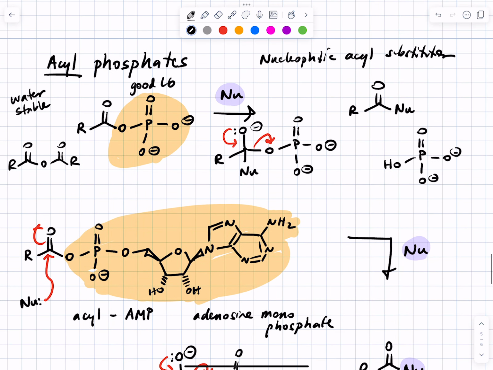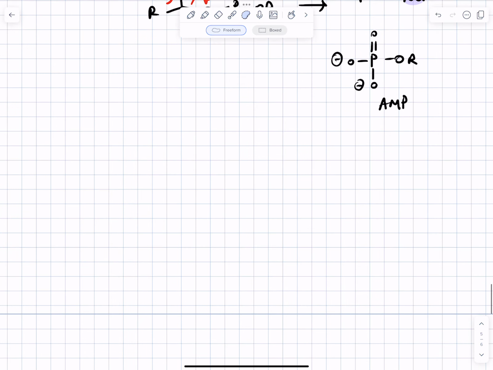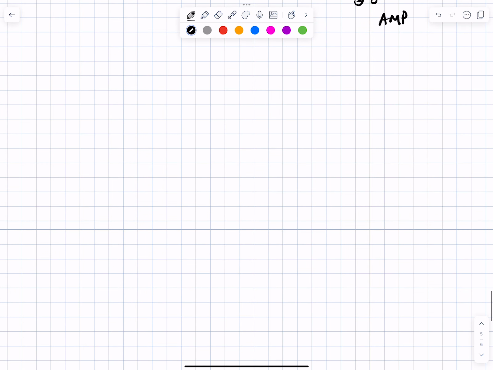And actually, I want to show you how nature makes some of these acyl phosphates. This is in your text. You'll get it in biochemistry, but you probably won't get all the mechanistic details, and so that's the job of the organic chemists to show you. So let's do synthesis of an acyl phosphate.